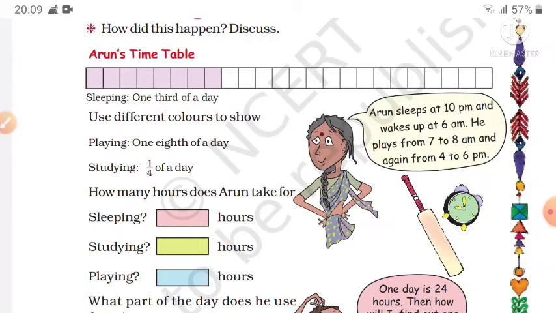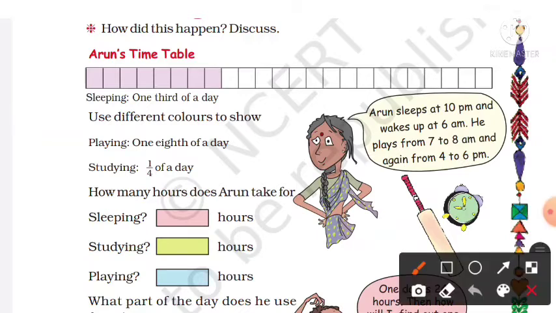Total boxes are 24. 3 is for playing, 6 is for studying and the first 8 hours for sleeping.